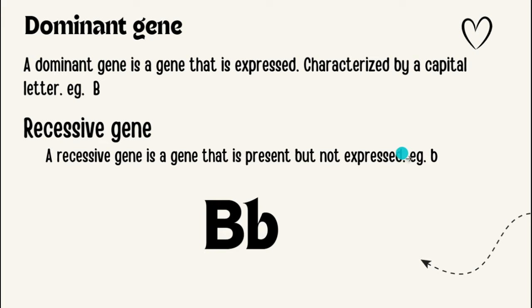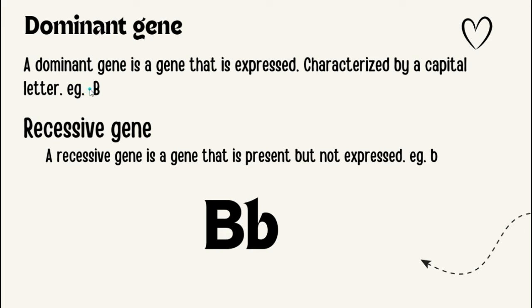Now, how I would explain this is that, as I said before, genes code for a particular trait. So now these Bs, and this is for example purposes only, because if we want to represent the gene, we can use anything. We can use a big A, a big B, a big C. It depends on what trait we're coding for, right? So in this situation, this big B is going to represent black hair.